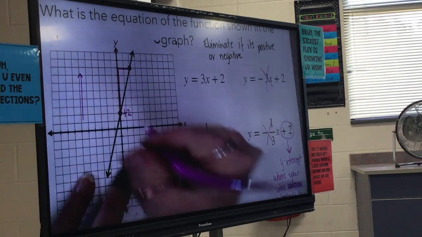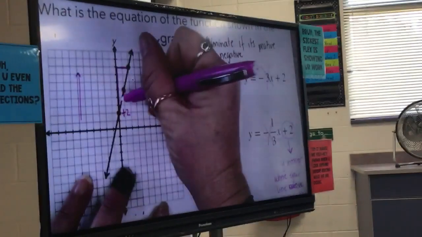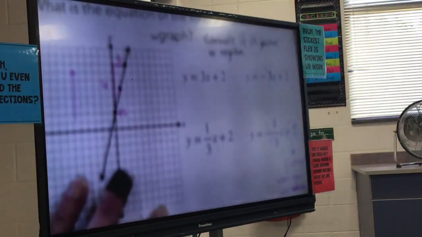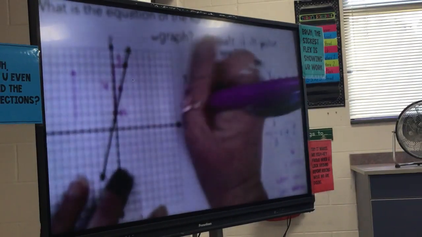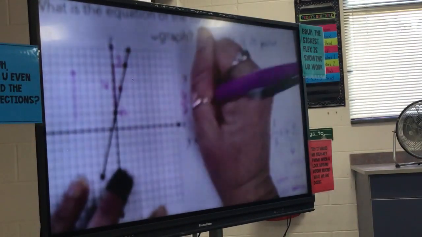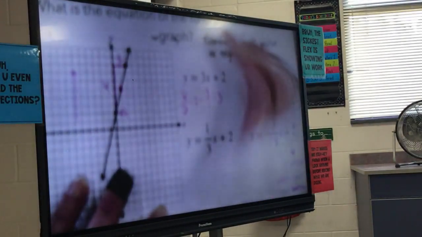So you can, because technically it intersects right here too. So we rise 1, 2, 3, 4, 5, 6, and we run 2. Obviously we don't see 6 to 2, so you have to simplify it, which becomes 3. Okay, does that answer your question from earlier?